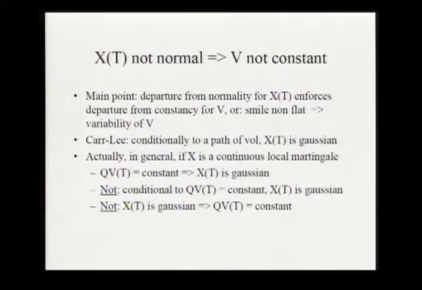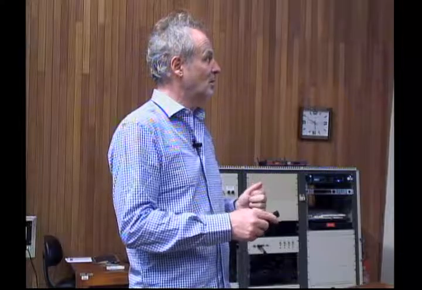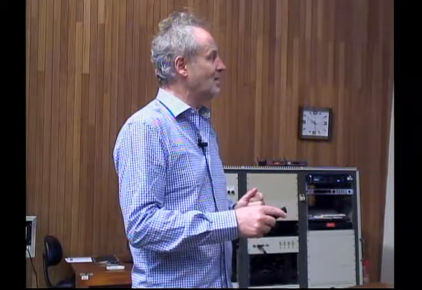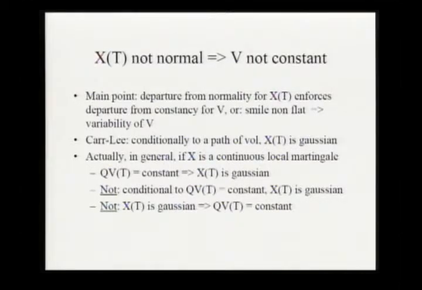If you have a continuous local martingale, if the quadratic variation at a certain maturity is a constant, it implies that X of t is Gaussian through this Dambis-Dubins-Schwarz argument, for instance. So if it's not Gaussian, it is not constant. And if it's not constant, you can say something about the value of options on it, hopefully to find some lower bound.